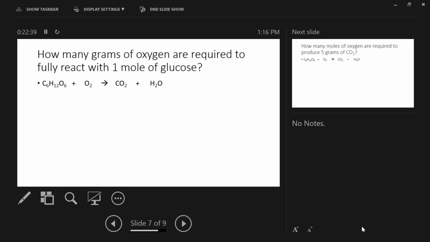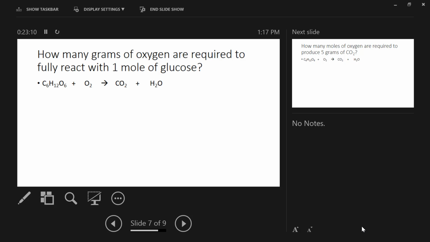So this one is going to require 1 step to go from moles of glucose to moles of oxygen. Right? Just like what we did in our first problem. Then we're going to require a second step to go from moles of oxygen to what?